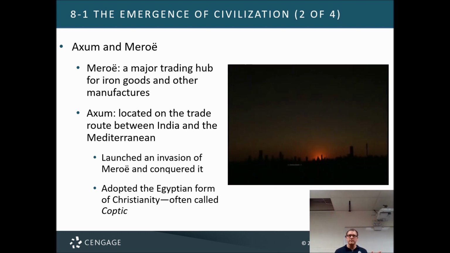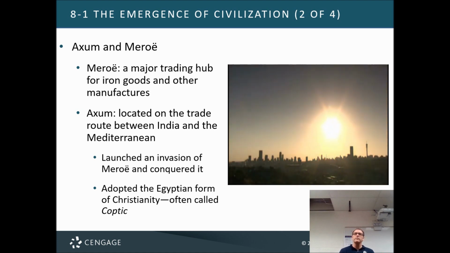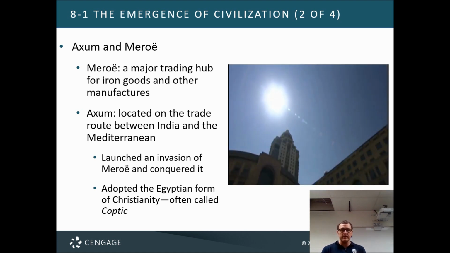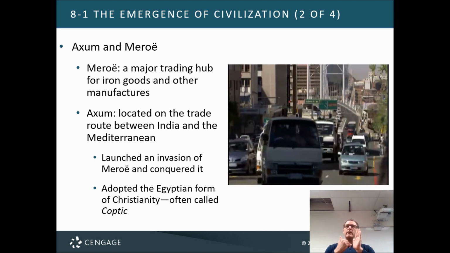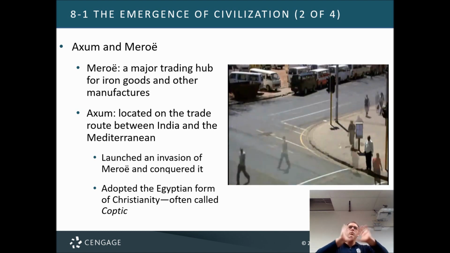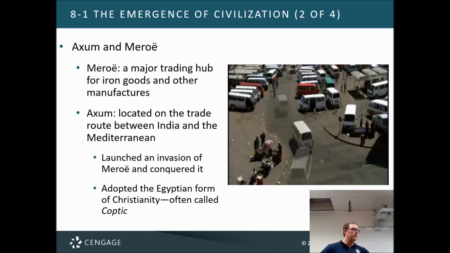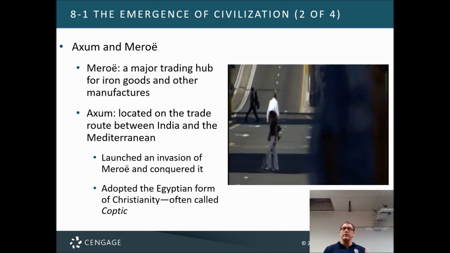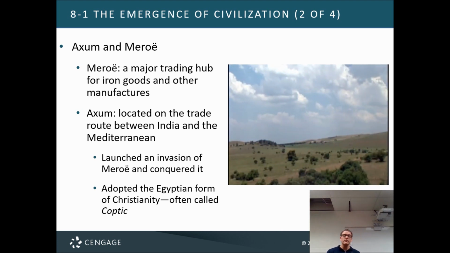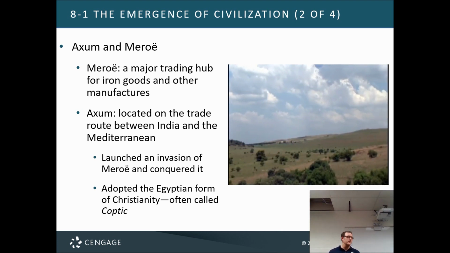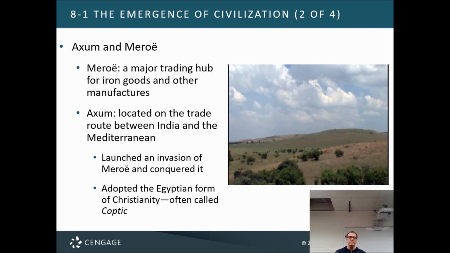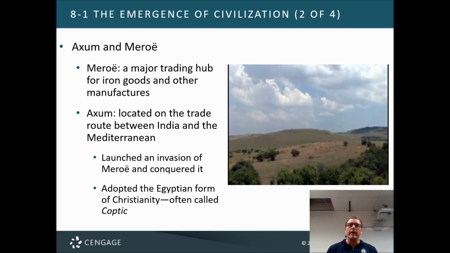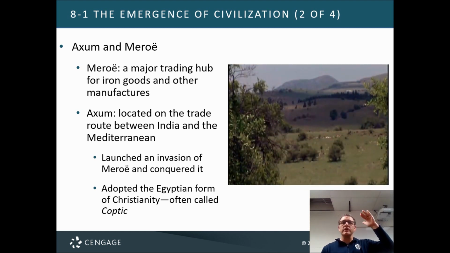We've discussed Egypt, and you should be familiar with the Nile River Valley. But to the south of that, and the Nile, I always get it backwards, the lower Nile is the northern part where it fans out to the delta. The upper Nile, or even upper Egypt, is the upper stretches of the Nile River. And so the southern part of Egypt is a land called Nubia.